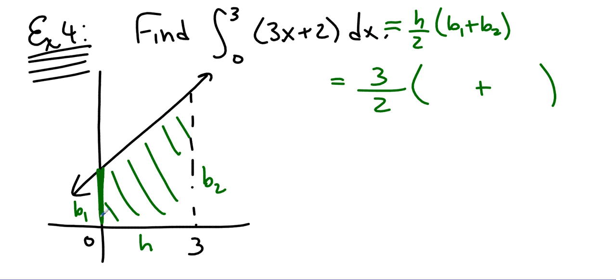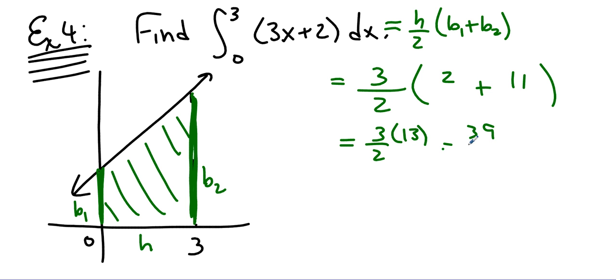Base 1 is this y value, 3 times 0 plus 2. And this base is the height at this x value, 9 plus 2 is 11. So this is 3/2 of 13. That's 39 over 2. And that's exactly what we got by doing the thing with the i's a few slides ago.